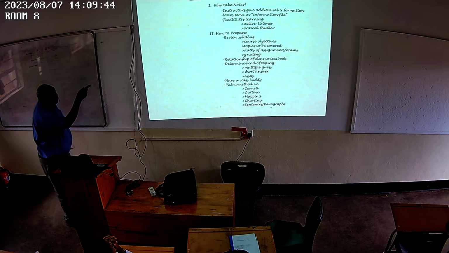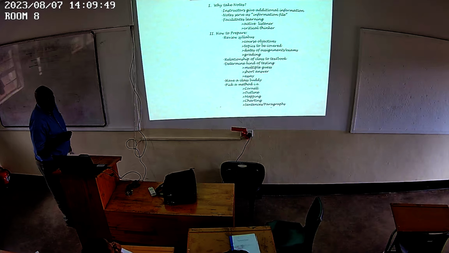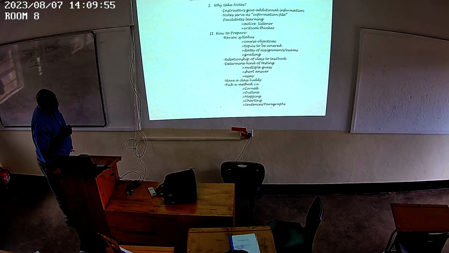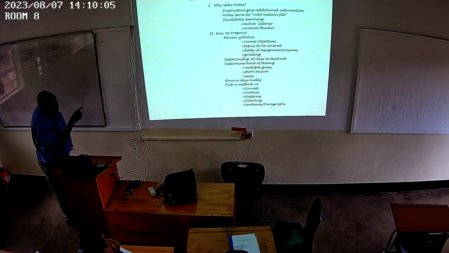Point number two, how to prepare. Once you review the syllabus, how do you review the syllabus? You go to all those points there. Point number 2, relationship to the text.